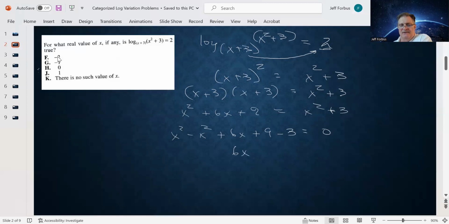And then the 9 minus 3 leaves us a positive 6. Now we need to solve for x. Subtract our 6 over. We get 6x is equal to negative 6. And x is going to be equal to negative 6 divided by 6, which is a negative 1. And therefore, that's going to be answer choice G.